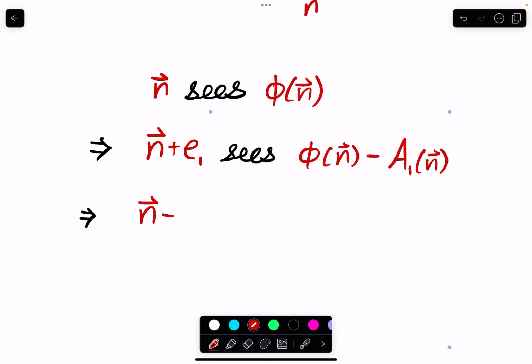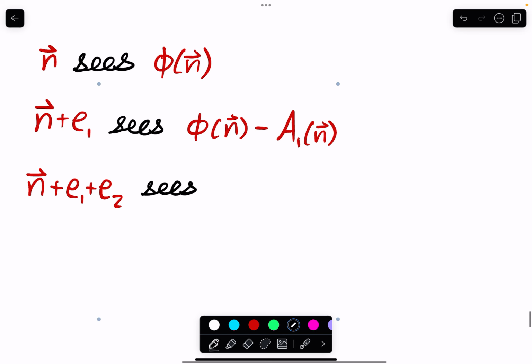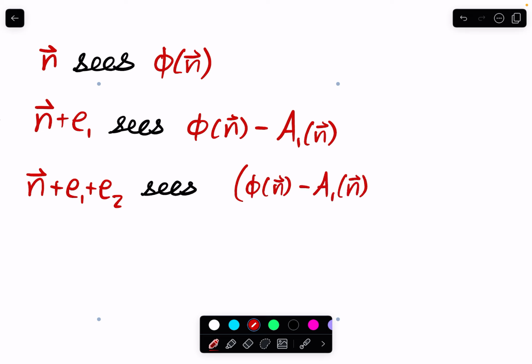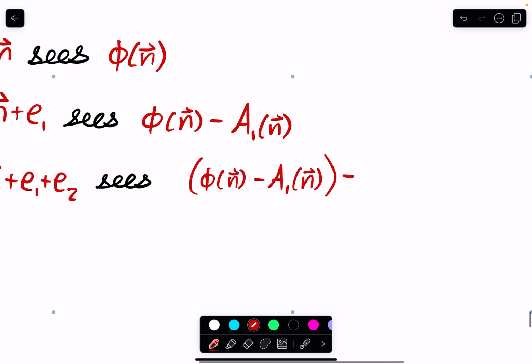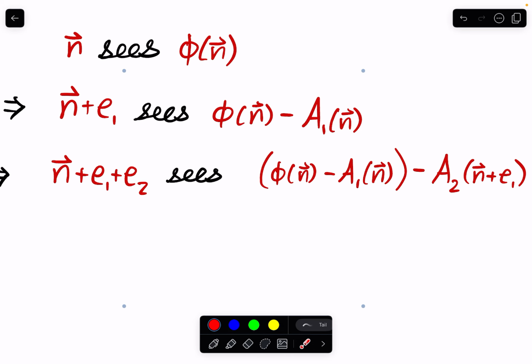So this implies that when you have both points, it sees phi of n minus a1, but then you went in the other direction. So you went in the second direction from the point n plus e1. So you get this as the value that is seen by this.